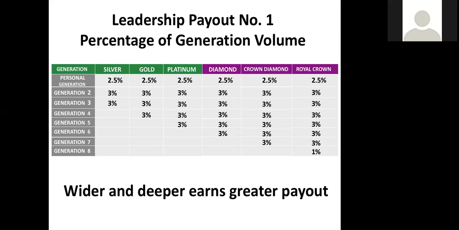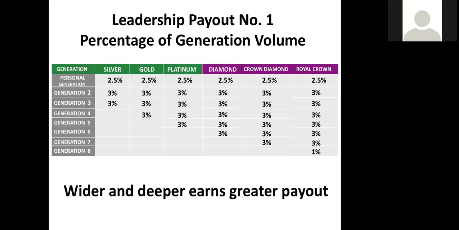So all of the volume in your organization is your personal generation. Well, last night we talked about how much volume is required to qualify to become a silver, and that entails 10,000 organization group volume. So you would receive an additional 2.5% on all of that entire 10,000 organizational group volume.